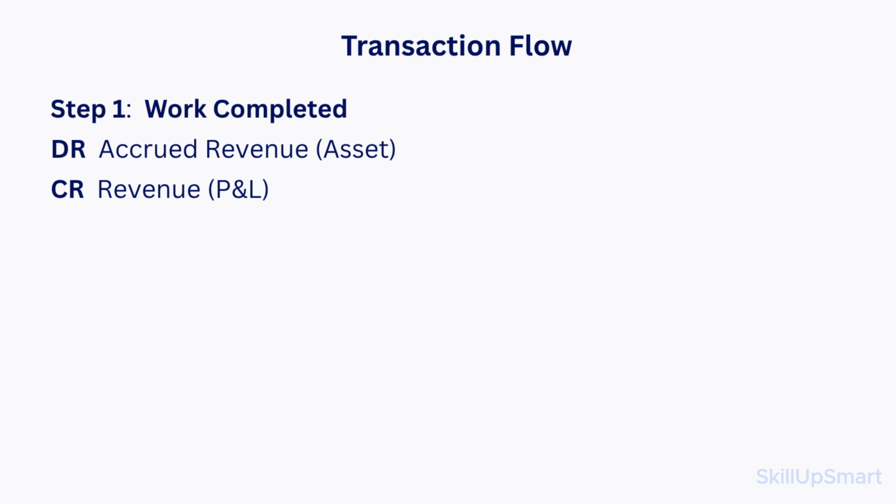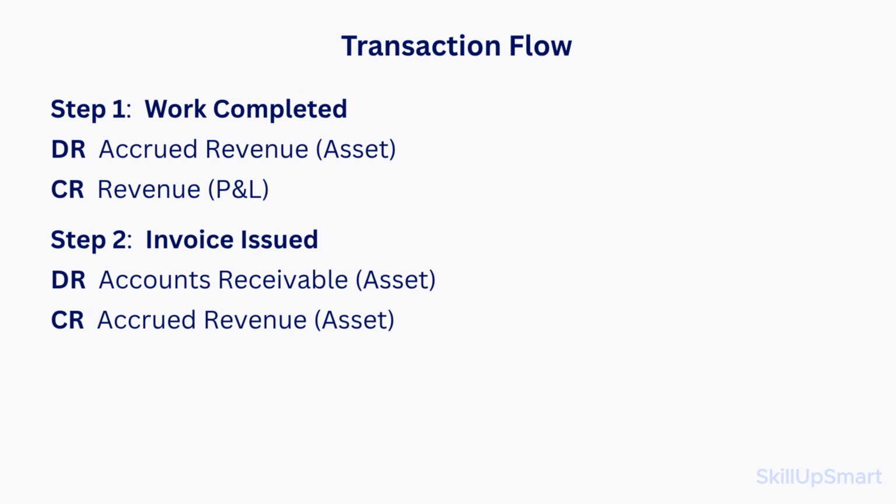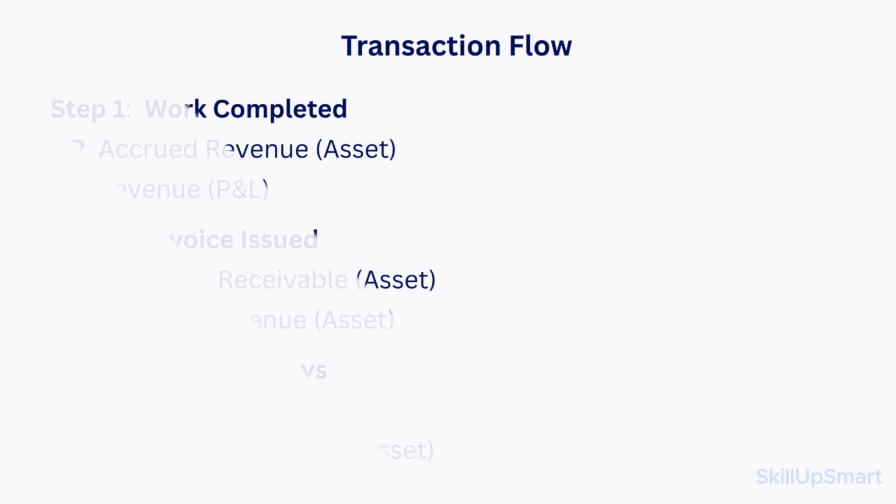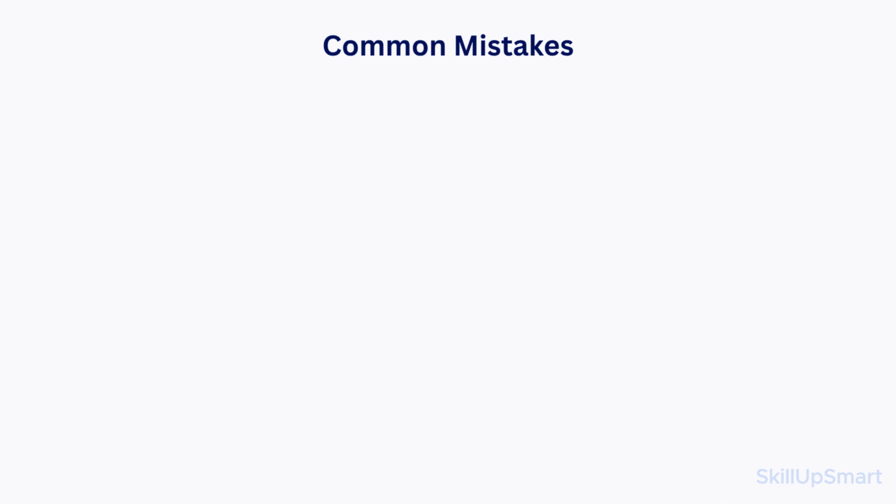Step 1. Work completed. Debit accrued revenue and credit revenue. Step 2. Invoice issued. Debit accounts receivable and credit accrued revenue. Step 3. Customer pays. Debit bank and credit accounts receivable. Revenue appears only once.